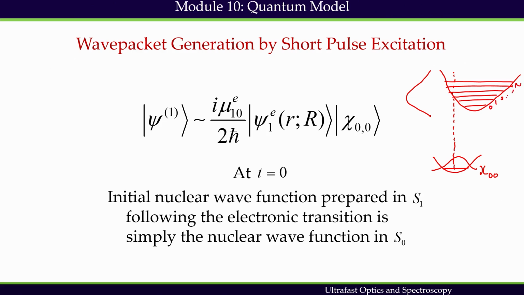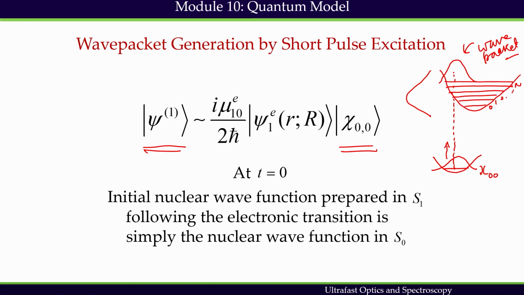That's why we are taking an n number linear combination, and finally if we take the n number linear combination, then this final wave function would look just like the ground state wave function, which means that this wave function would be coming on this surface only, and this is called a wave packet. So, we have created a wave packet in the upper excited state due to excitation by an ultrafast pulse.